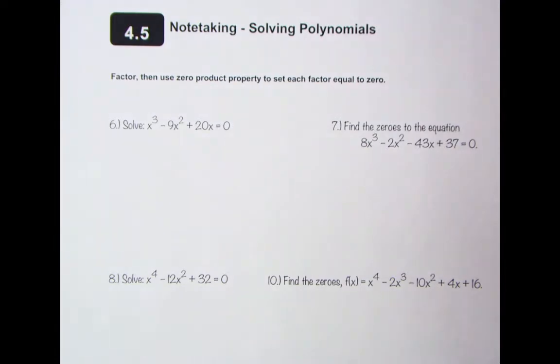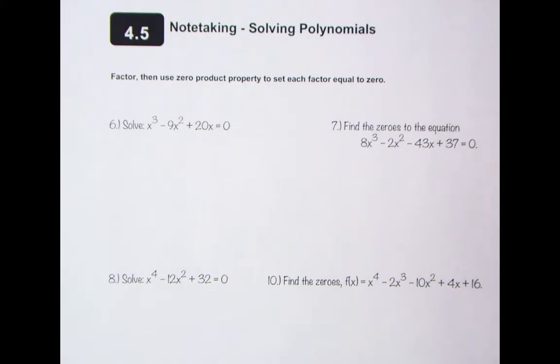It's pretty straightforward. For every single problem, you're going to do essentially the exact same thing. After you run synthetic division, you'll have two choices to make. The first step is the same for every problem.